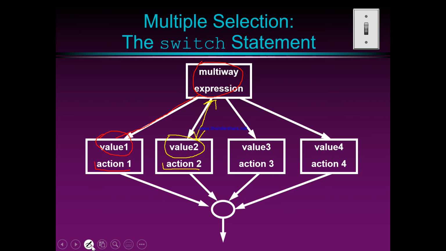Otherwise, the execution will move toward value 3, and this case will be compared with the value of the multi-way expression. If it matches, action 3 will perform. In a similar way, if value 1, value 2 and value 3 do not match the multi-way expression, then value 4 will be compared with the multi-way expression.